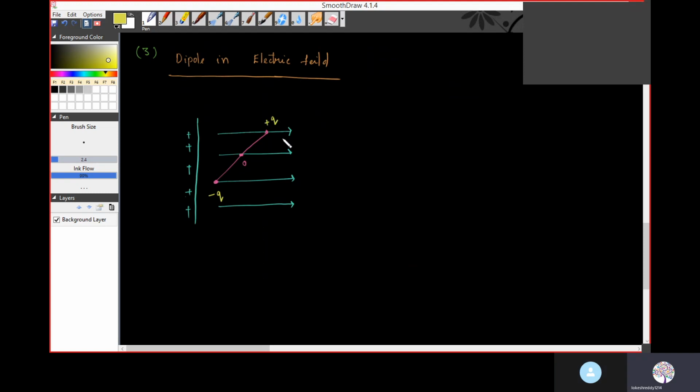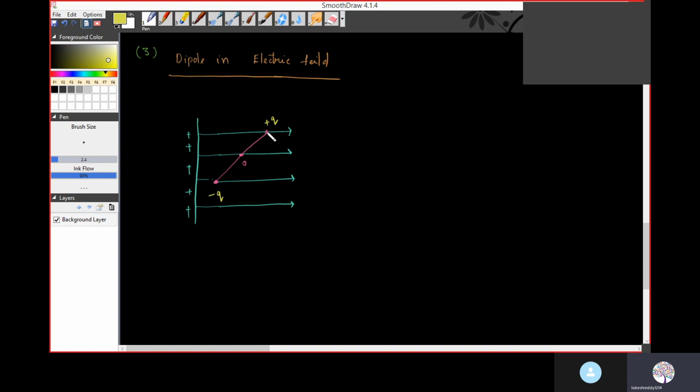Now here the net force is equal to 0. The field lines will be like this. Why is the net force equal to 0?